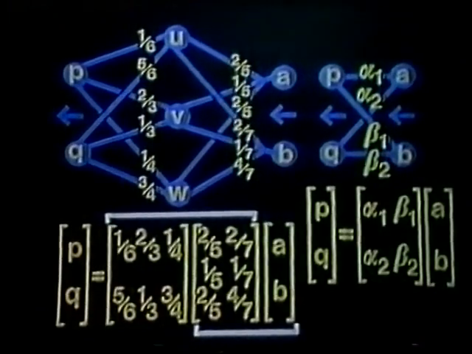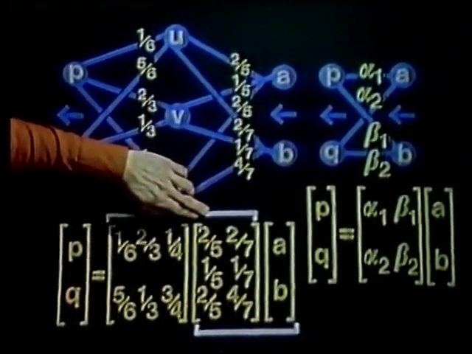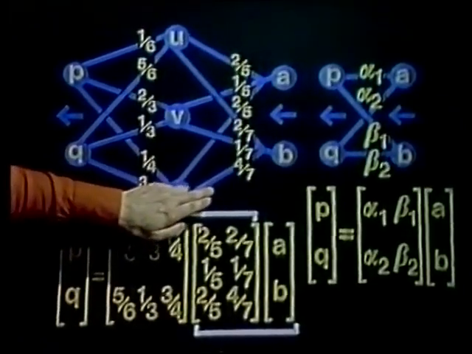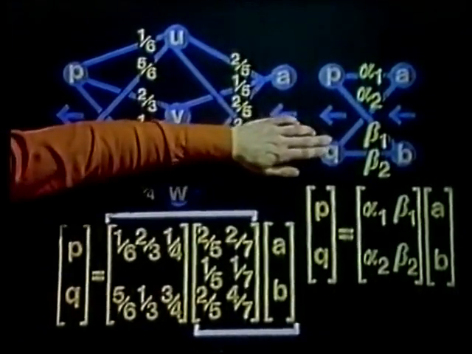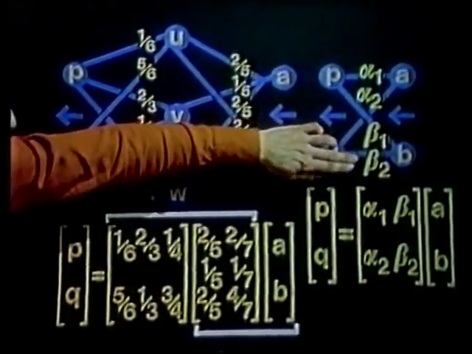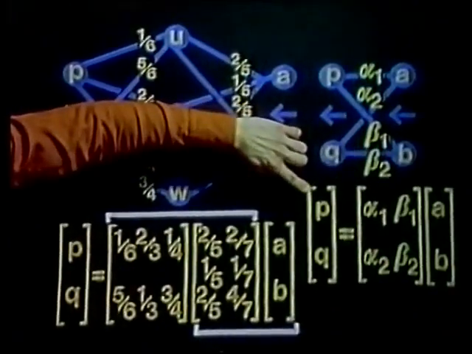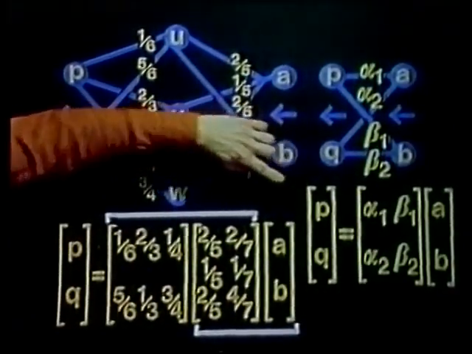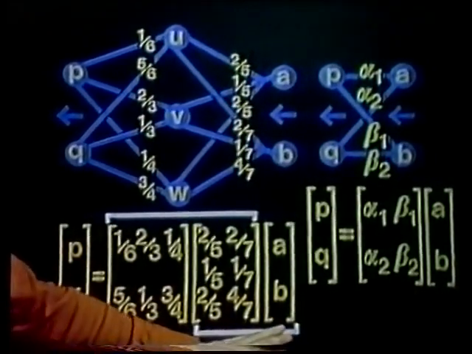Let's see why. The first method, multiplying the two matrices, well, that corresponds to taking the combined network, collapsing it as we did in the program, getting the alpha-beta matrix, and then multiplying that times the column AB to give the output PQ. On the other hand, this calculation says act this matrix on the column.